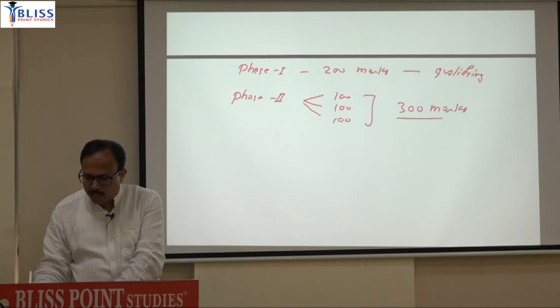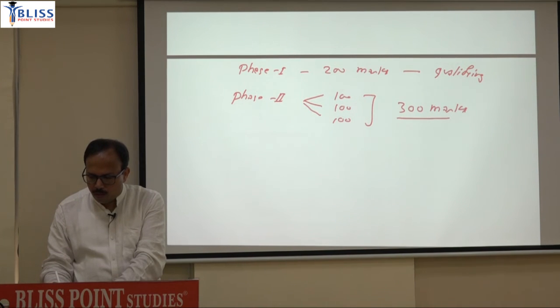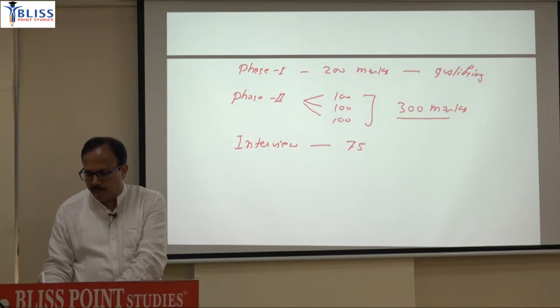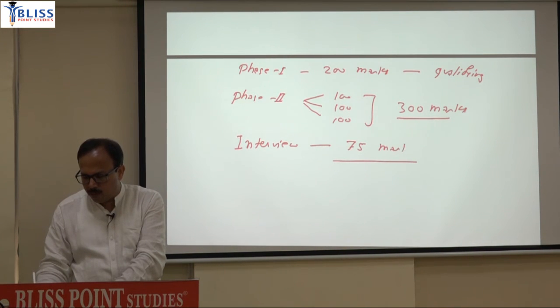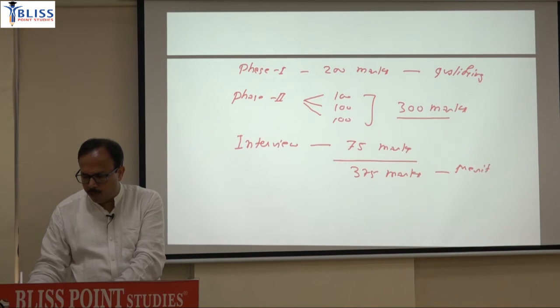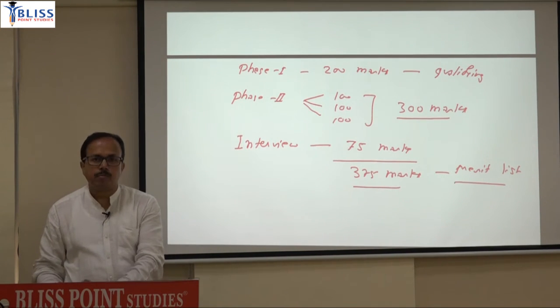Your score of those 300 marks will be counted for stage 3, which is an interview. Okay, last year it was 75 marks for the interview, so 300 marks and 75 marks, out of 375. The merit list will be prepared based on that 375.